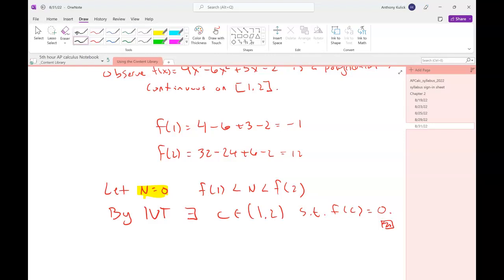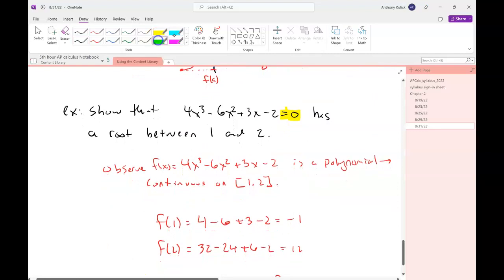Why did you choose 1 and 2? Because the question said between 1 and 2. So that's where the 1 and 2 are coming from.